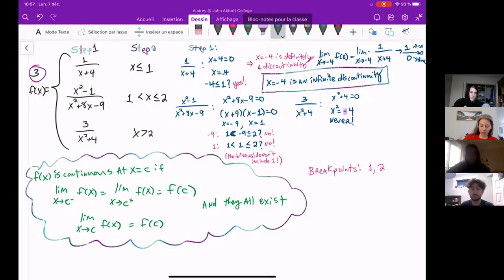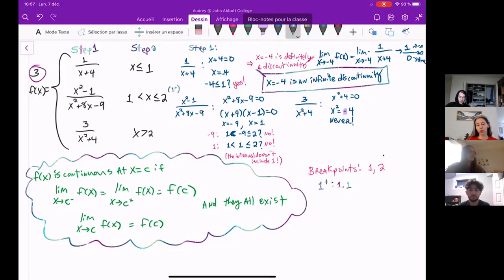So 1 from the right is this. Okay, so most of you are getting it. Remember, 1 from the right would be like 1.1. 1.1 is at that middle equation. So here we're going to write 1 from the right.